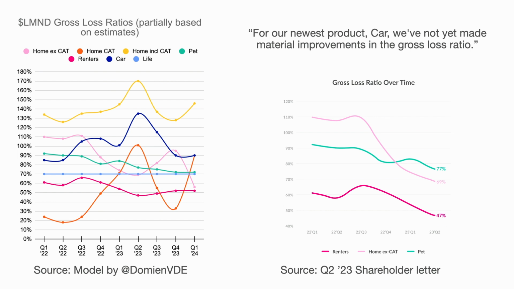Okay, I'm a shareholder, I want to support the company, but I expect honesty and not misleading comments like this, because they're saying we've not yet made material improvements, which makes it sound like they've made some improvements but they're not material yet. Well, there are no improvements in the loss ratio. Maybe they improved the product.